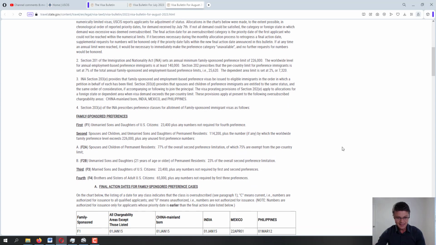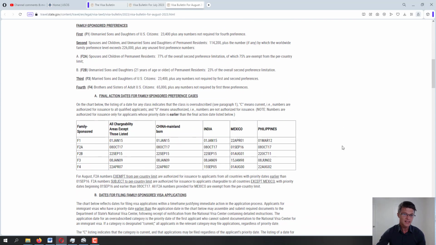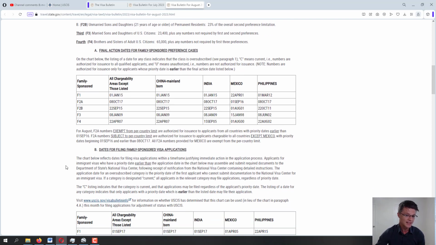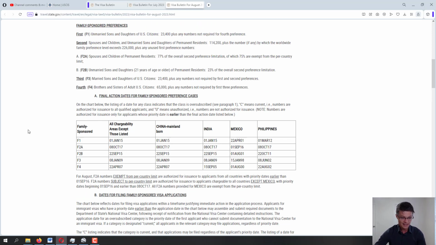So in the visa bulletin, for family sponsored preferences, you will find two graphs. There's graph A, final action dates, and there's graph B, dates for filing. The final action date, graph A, represents the full length of the backlog that you will be waiting on for a specific family preference category, for a specific chargeability area. We'll get to that in a little bit.